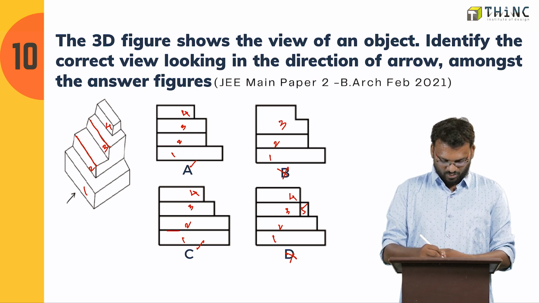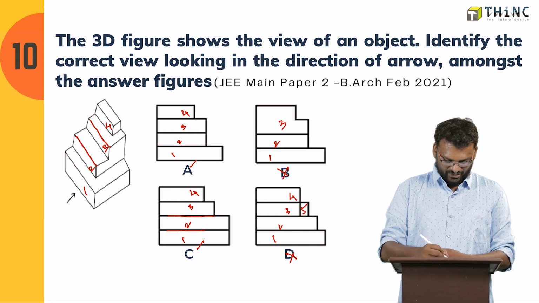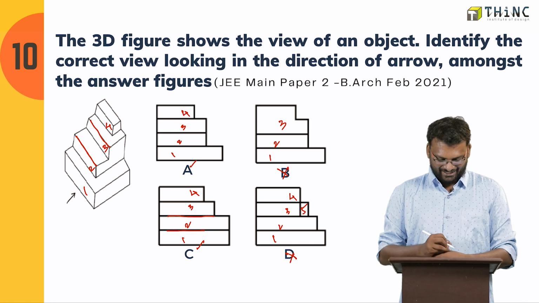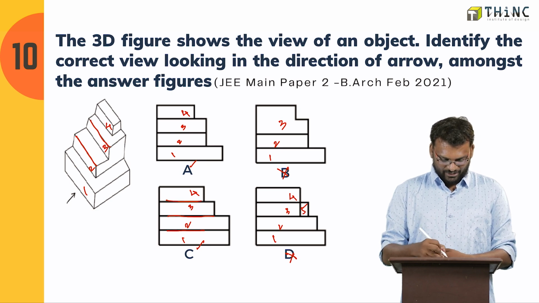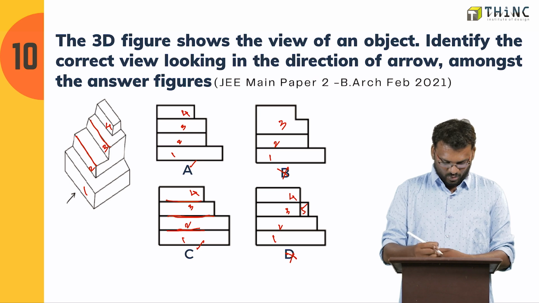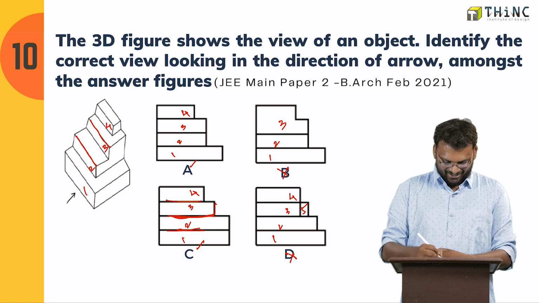The next one, there is a difference. When you see the line at the top, it is okay. The 4th one is okay. But when you come over here, 2 as well as 3 have different length.